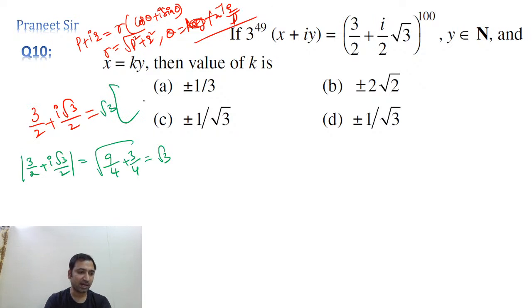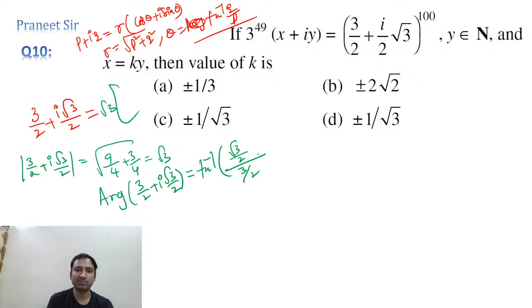So can we calculate the argument here? What is the argument of the given complex number? Isn't it tan inverse of (√3/2)/(3/2)? Which is nothing but tan inverse of 1 by root 3, which is pi by 6, correct?